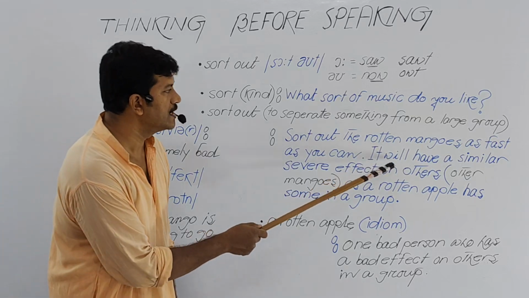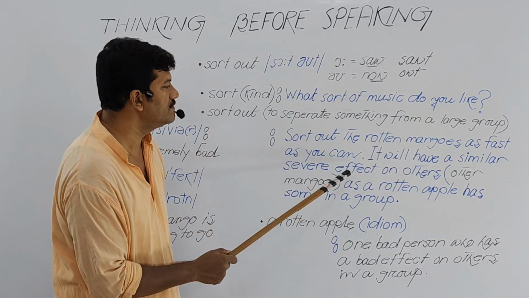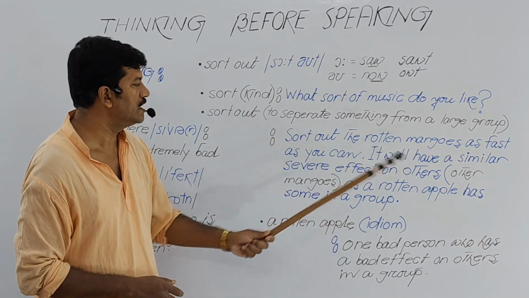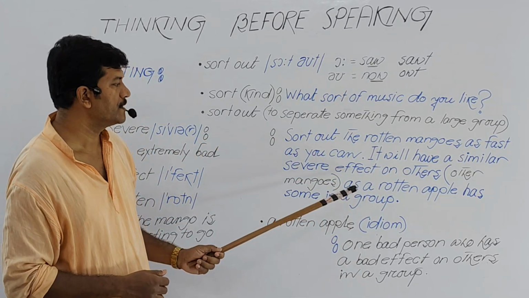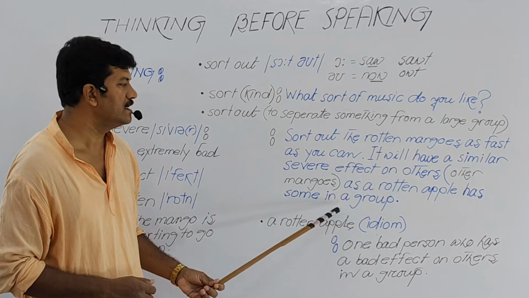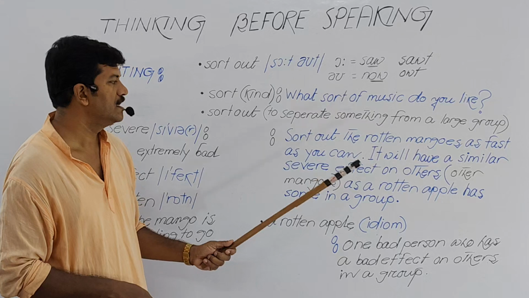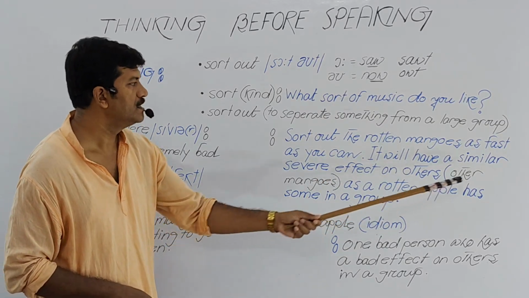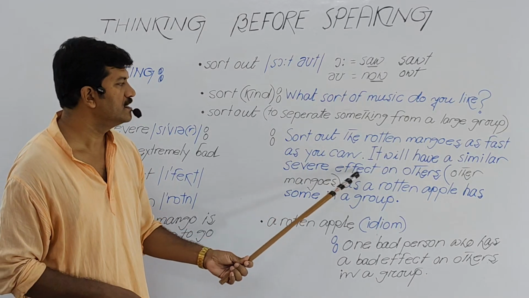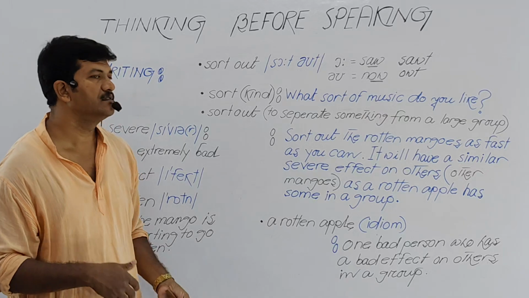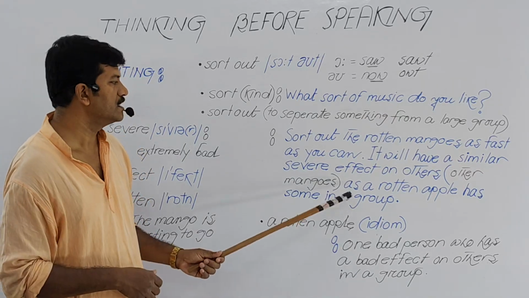Why? It will have a similar severe effect on others. On others means on other mangoes, as a rotten apple has some similar severe effect on others or on other apples in a group.